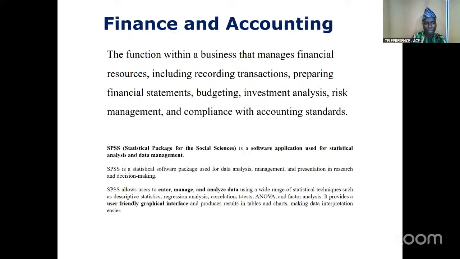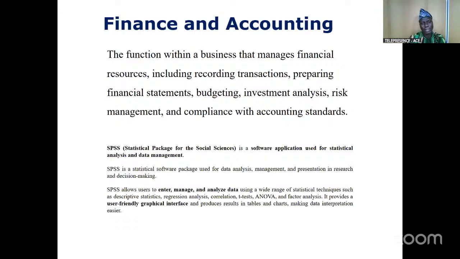Finance and accounting: the function within a business that manages financial resources, including recording transactions, preparing financial statements, budgeting, investment analysis, risk management, and compliance with accounting standards.